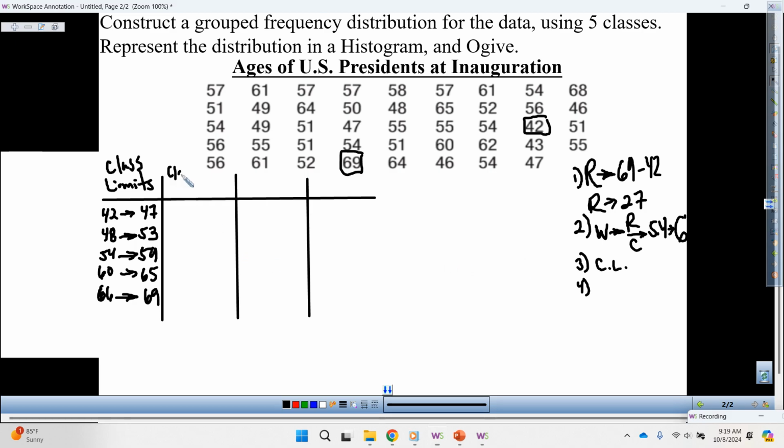That's right, class boundaries. All right. So, for class boundaries, tell your neighbor what to write for the first class boundaries, and then Jay's going to pass it to someone. What do you write for the first class? All right, Jay.